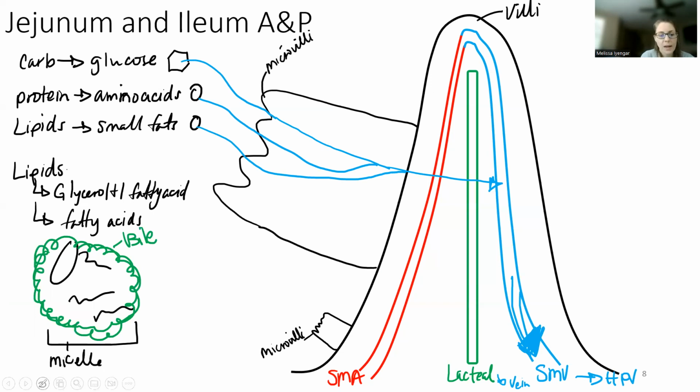Okay. My micelle is going to be transported right here. So I transport it towards my cell, and then the bile salts are going to disintegrate away. And my bigger fatty acids here are close enough to the cell that they can get absorbed.